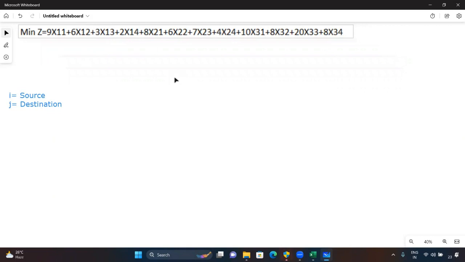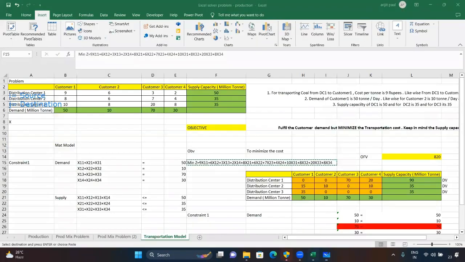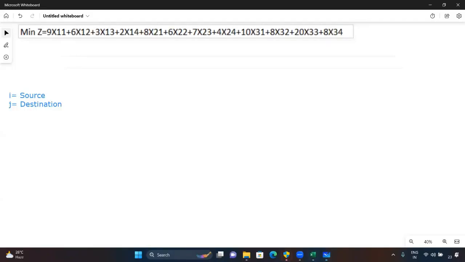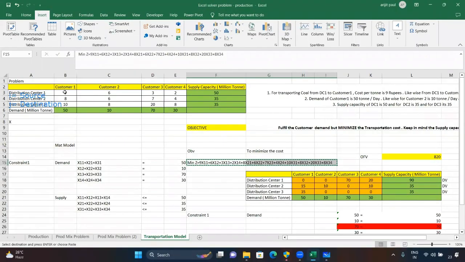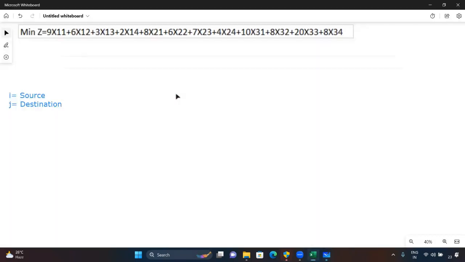Okay, this was the objective function which we discussed in our earlier session. Now here you can see x11, x12, x13. Which cell is this? This is x11, this is x12, x13, x14. Okay, so we have done it this way.